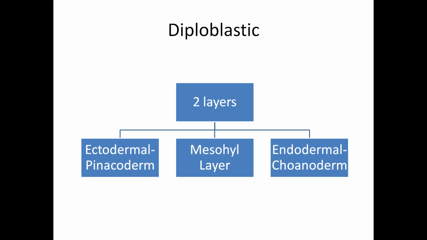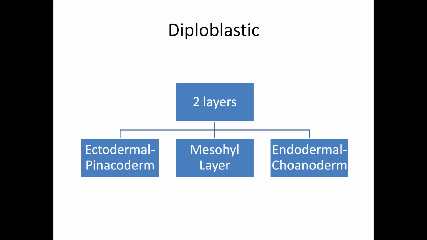Then how does mesohyl arise? So mesohyl is secreted by the ectoderm and endoderm. This is a question which is asked in competitive exams, that mesohyl is secreted by, so it is secreted by both ectoderm and the endoderm. And then some cells from the ectoderm and the endoderm move inside the mesohyl.